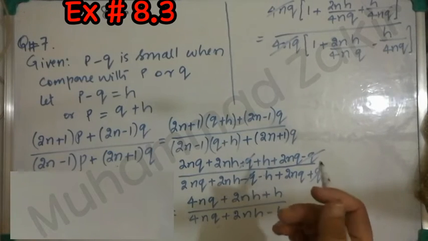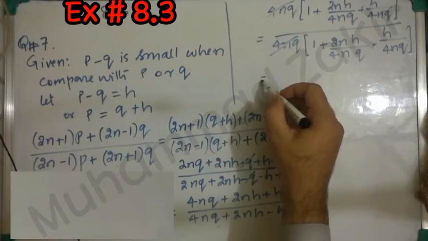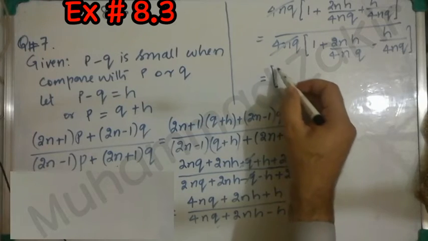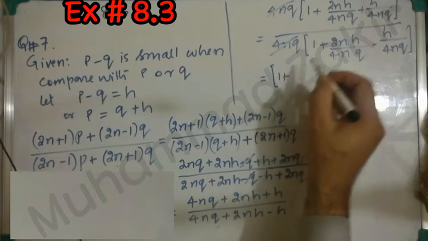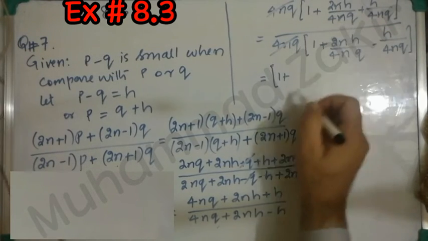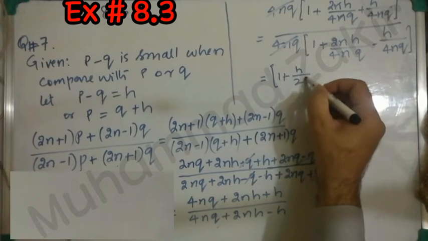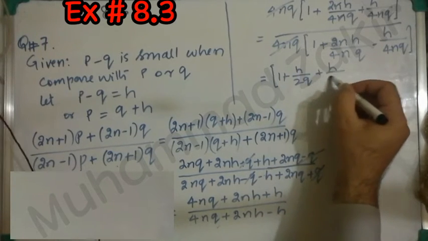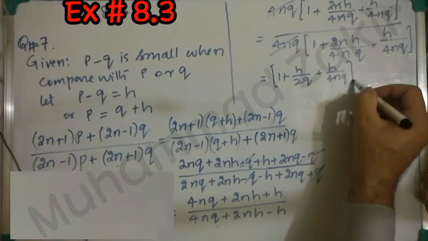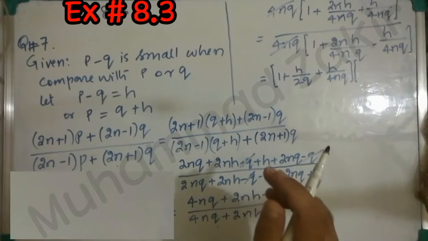Now we write these two values together. How can we write this as the numerator value? 1 plus, this will be cancelled, h by 2q it becomes, plus h by 4nq.